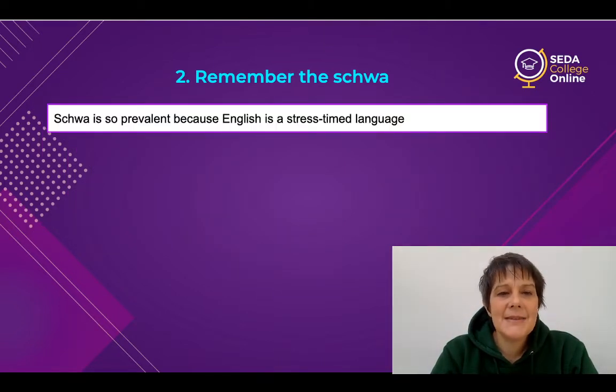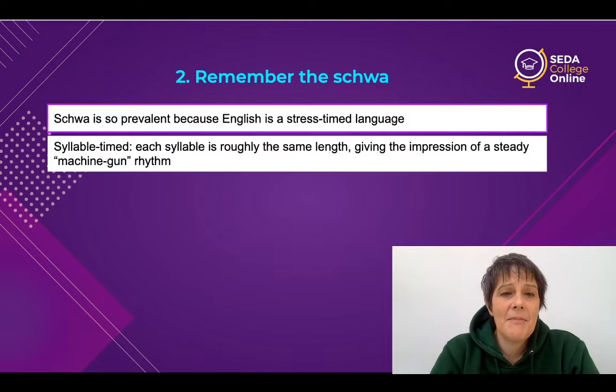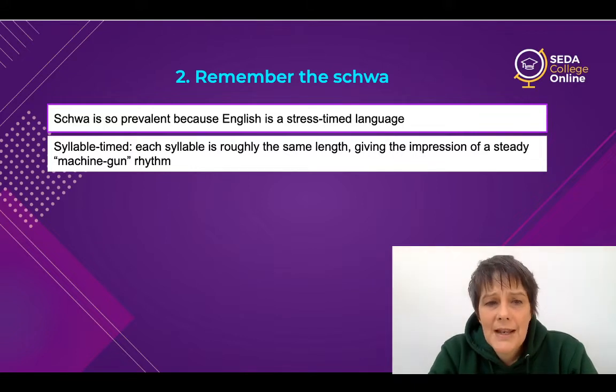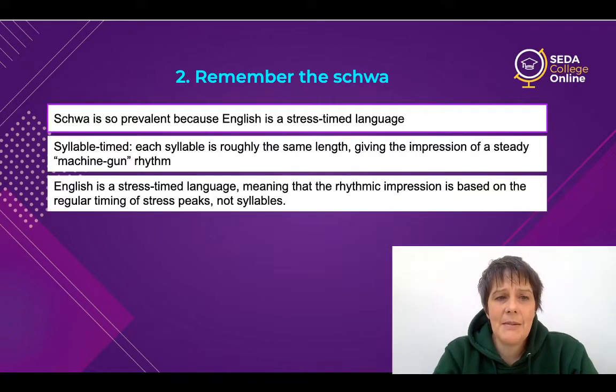So the schwa is prevalent because English is a stress timed language. Each stress is roughly the same length, and so in a syllable timed language, you have to give each syllable more or less the same length. And if you want to talk fast, then you have to get through all the syllables in a syllable timed language.